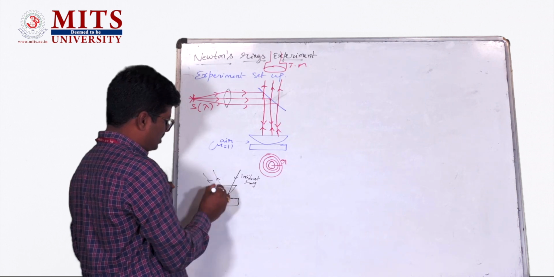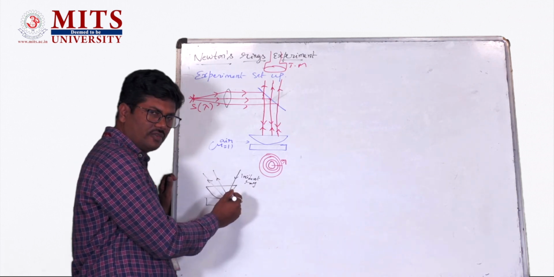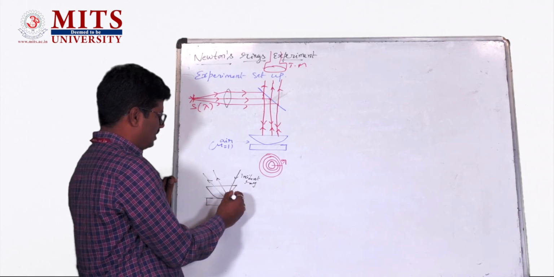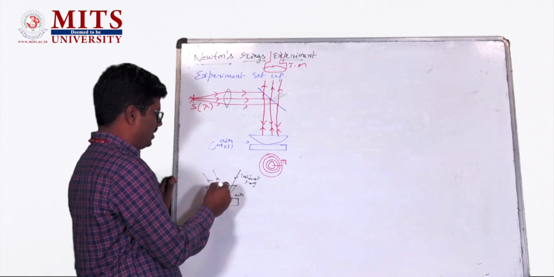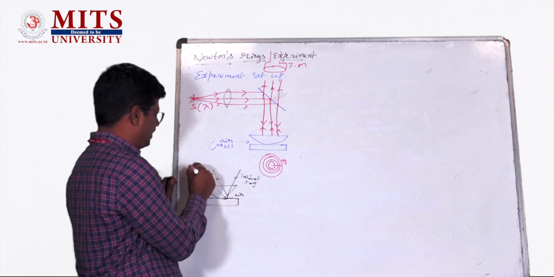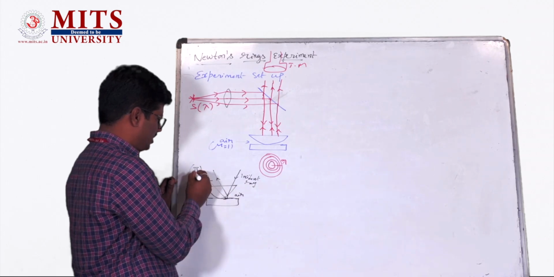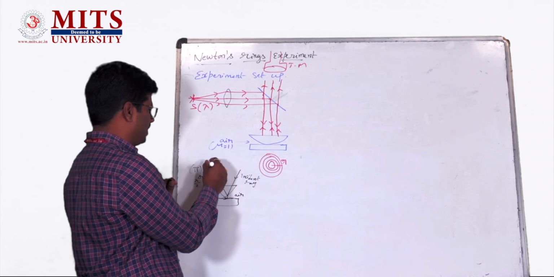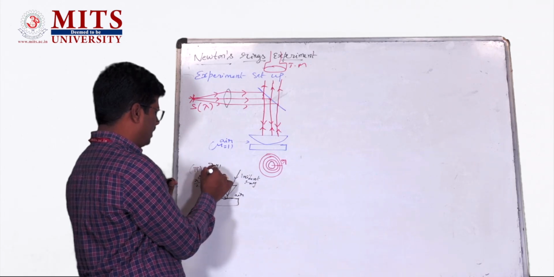This glass plate reflects from a denser medium, because glass is a denser medium, and this is air here, which is a rarer medium. So this ray will have an additional phase change of pi or a path change of lambda by 2. You can call them ray 1 and ray 2.